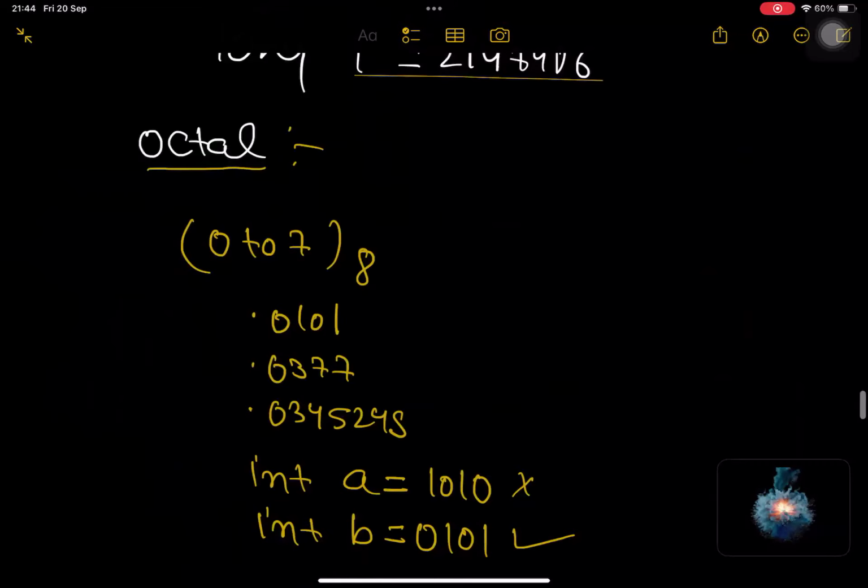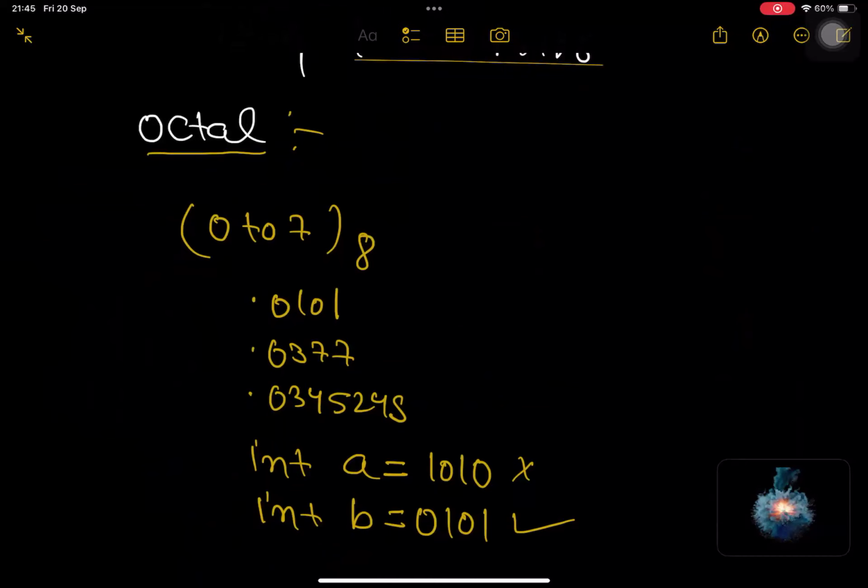When you go to the octal number system, it is a combination of numbers from 0 to 7. In Java, when you assign an octal number to any numeric data type, like float, int, or byte, the octal number will start with 0.